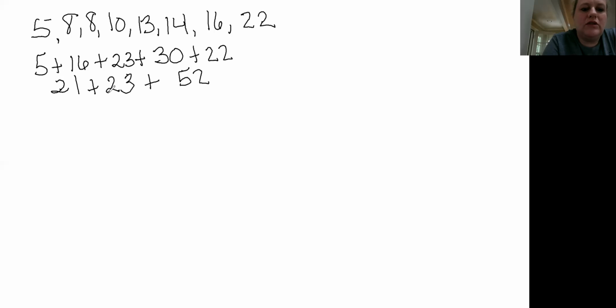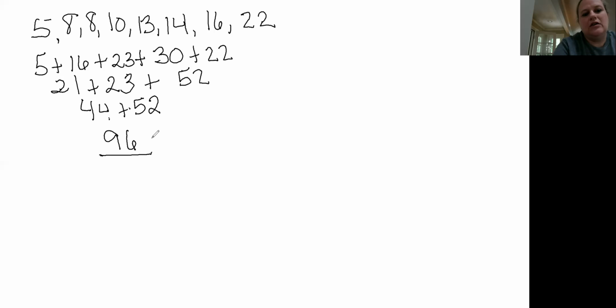Now 21 and 23 is 44. And now that's 96. 96 divided by our original amount, 1, 2, 3, 4, 5, 6, 7, 8. And if you do 96 divided by 8, you get 12.